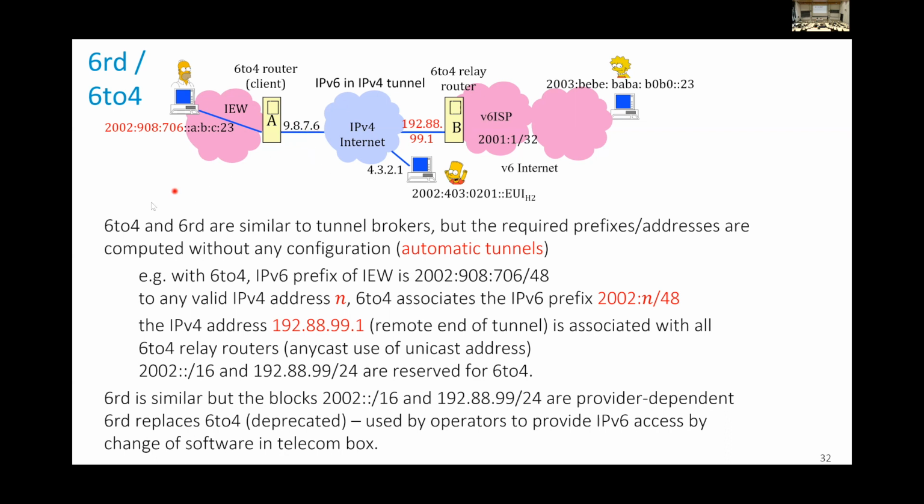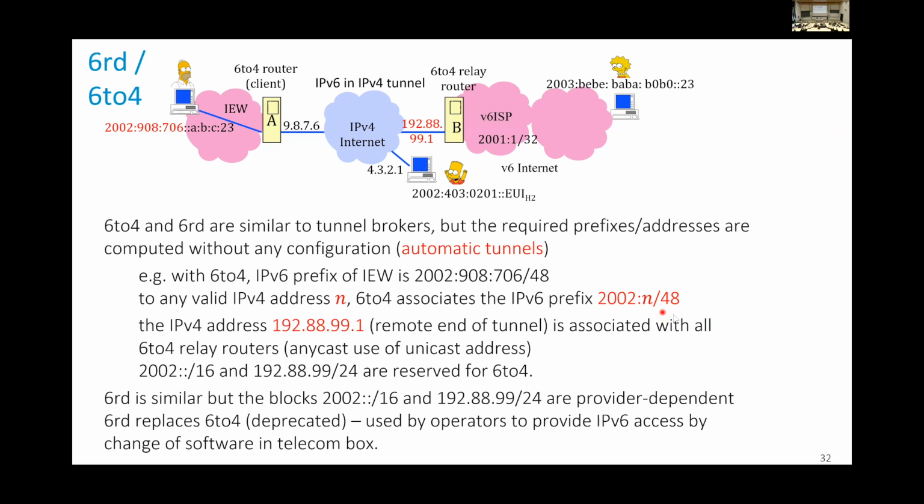So let's discuss 6to4. How does 6to4 work? Well, 6to4 reserves a block of addresses in the IPv6 domain, the addresses that I read 2002, in hexadecimal, 2002 slash anything else.